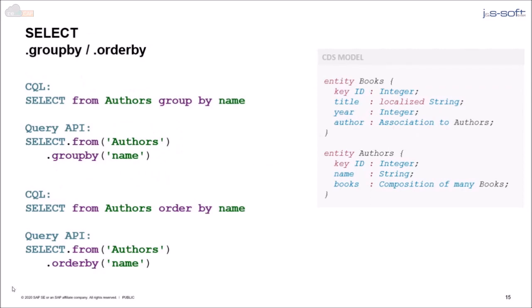Group by and order by is quite natural. You have the possibility always to group by some column or a number of columns, and you have the possibility to order by also by some column. And in this case, you see we have a dedicated method for grouping by and for ordering by, which are called exactly like this, group by and order by.